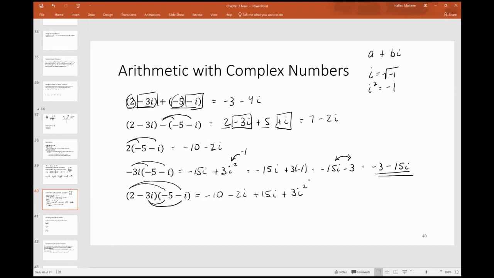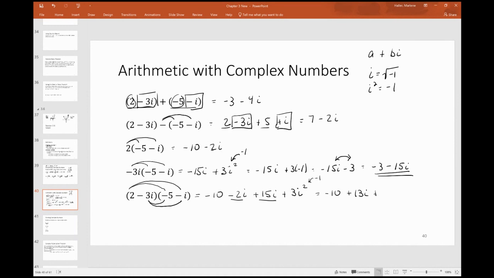All right, now we need to fix that, right? It's not in the right form. We're going to need to substitute -1 for that i squared, right? So then we would have -10, and then we can go ahead and combine these like terms here. -2i and positive 15i is going to be positive 13i, so I might do that right now.